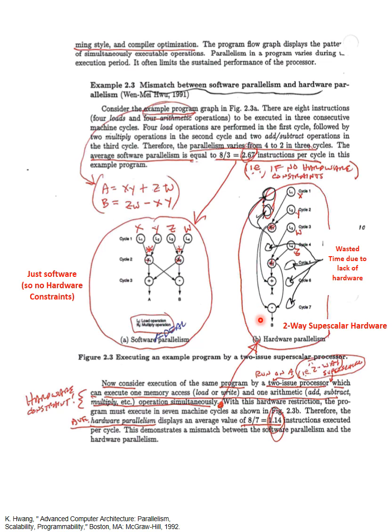So first, we're looking at a 2-way superscalar here. So 2 pipelines, but with certain restrictions on the hardware. Down here, it gives you those restrictions. It says, now consider execution of the same program by a 2-way superscalar processor, which can execute 1 memory access, a load or write, and 1 arithmetic operation, add, subtract, or multiply, simultaneously.